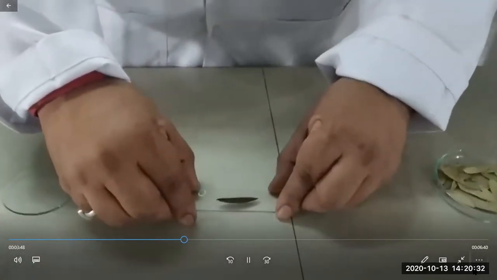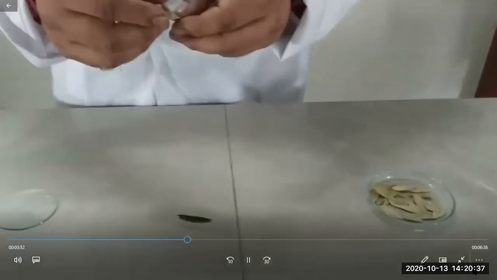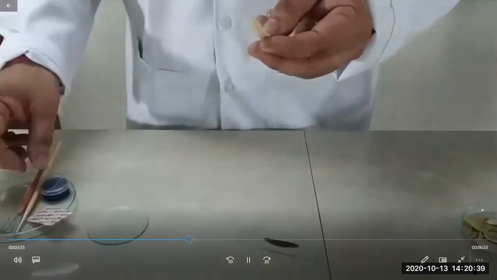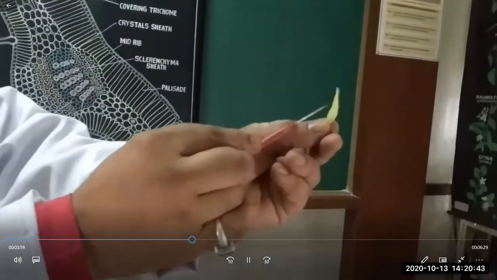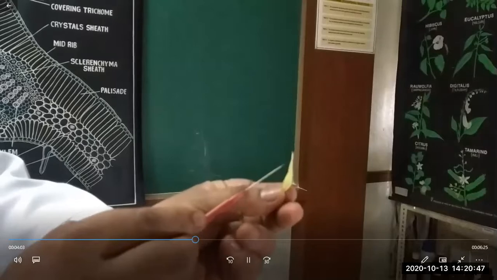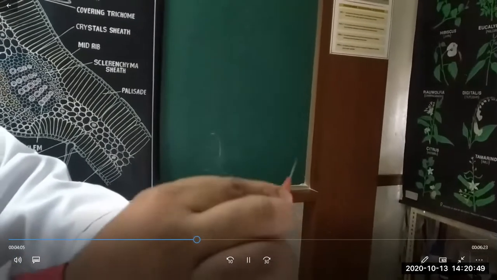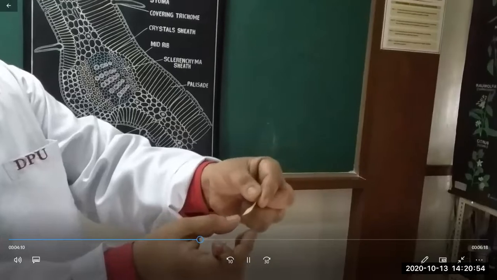Now, to ensure a good section, we always have to take the TS from the midrib portion. So this is the midrib portion. You have to discard the apex, as well as this part.